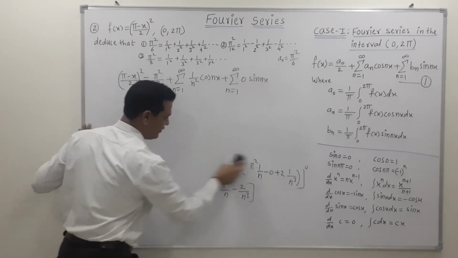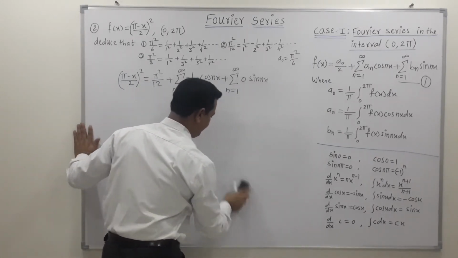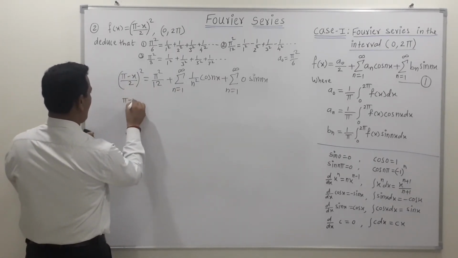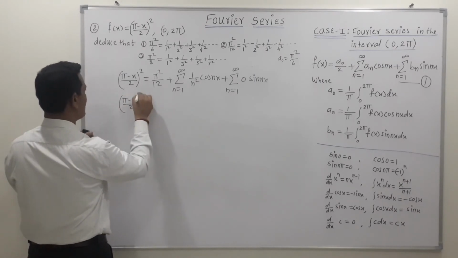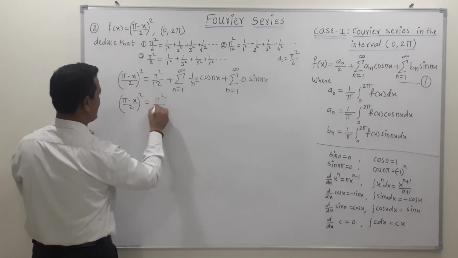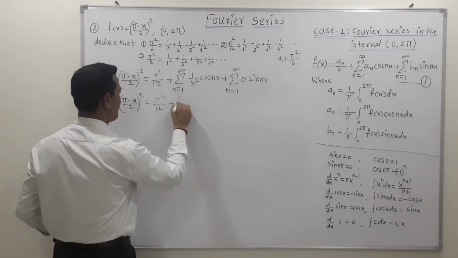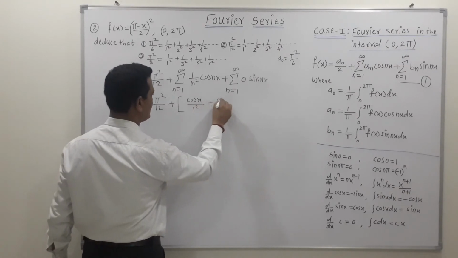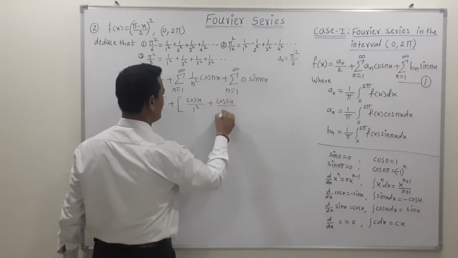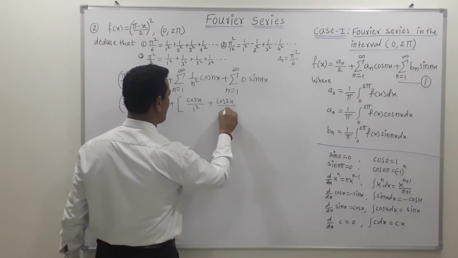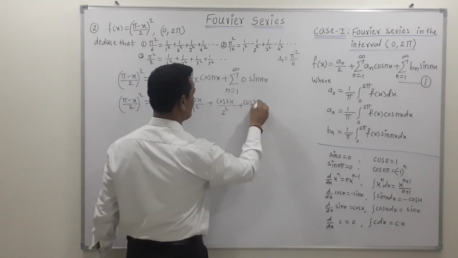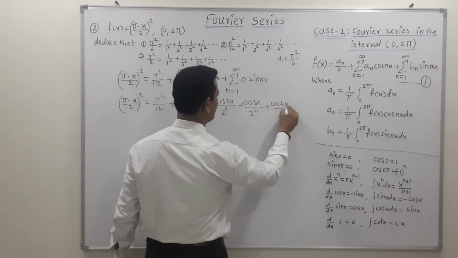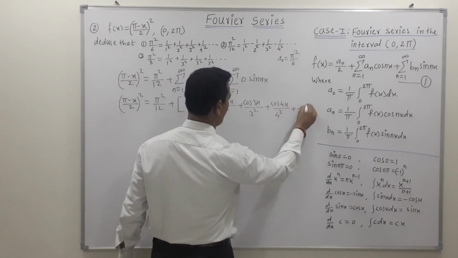If we simplify this term, then after simplifying we get pi minus x upon 2 its square is equal to pi square upon 12 plus, so here we can write this as cos of x upon 1 square plus cos of 2x upon 2 square plus cos of 3x upon 3 square plus cos of 4x upon 4 square and so on.